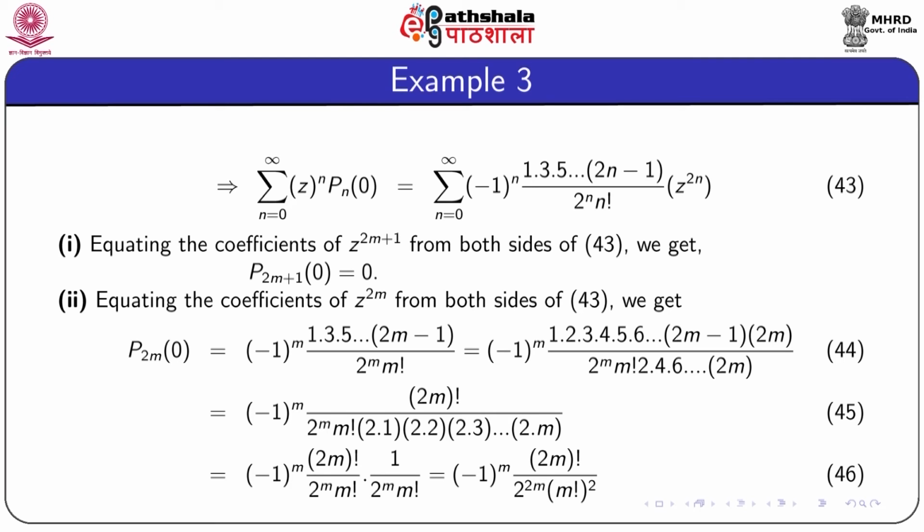If you simplify this, you will be getting (-1)^m (2m)! / (2^m m! 2^m m!), which is given in equation number 49. And after simple simplification, we get (-1)^m (2m)! / (2^m (m!))^2, which is needed in the proof of part 2.